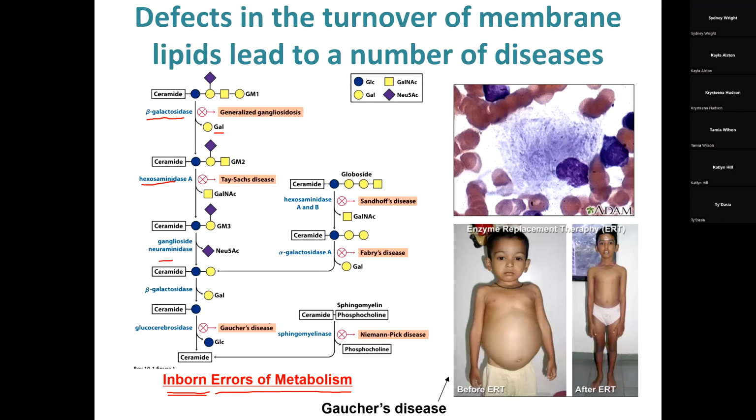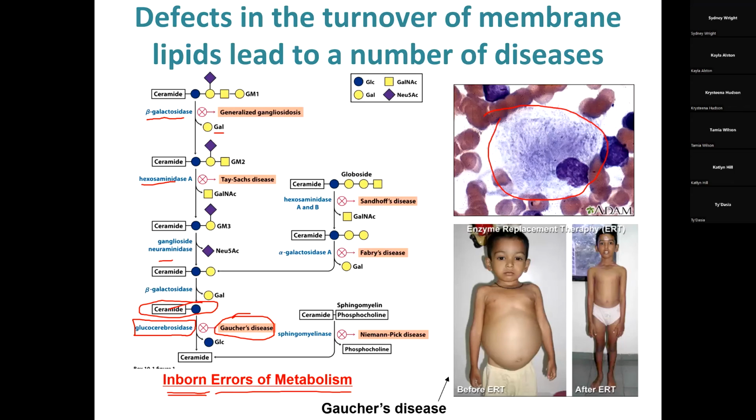The disease I'm giving as an example is Gaucher disease, where this fat-containing cell swells because you can't break down the glycosphingolipid properly, because you lack this enzyme, glucocerebrosidase.